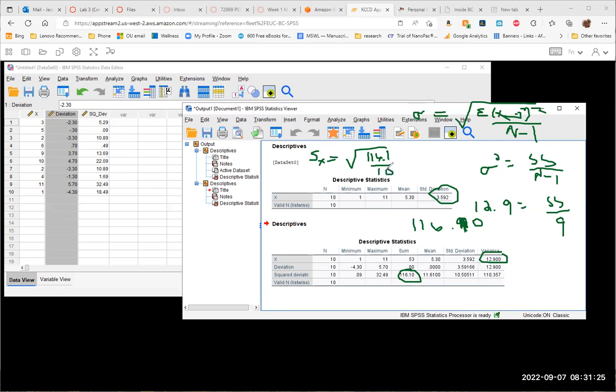I know I just did this in the previous video, but I'm going to calculate that. 3.407. So the standard deviation is 3.407. We need that. That's the sample standard deviation.